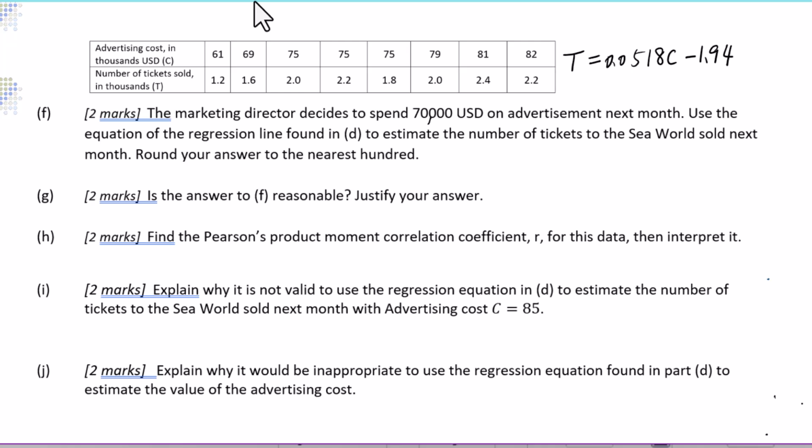Pay more attention to these units. $70,000, which means C equals 70 instead of $70,000. Do the substitution. T of 70, this is a function notation. We will change this C into 70 equals 1.686.